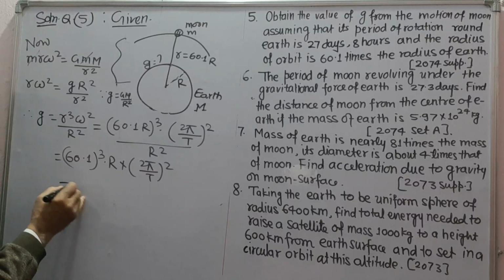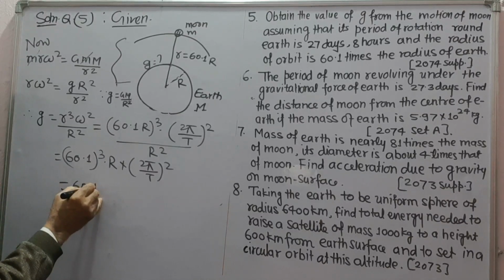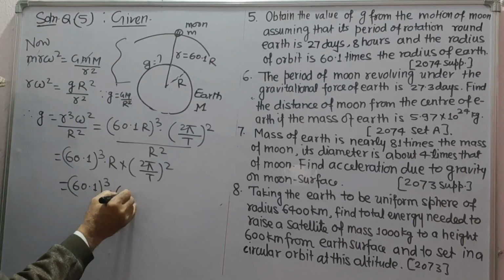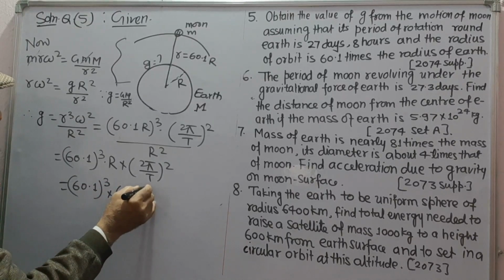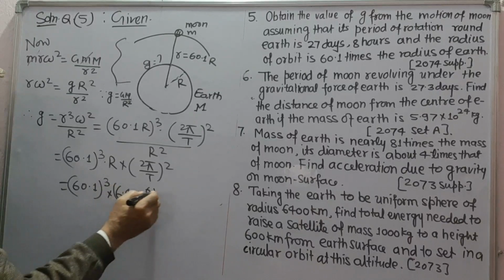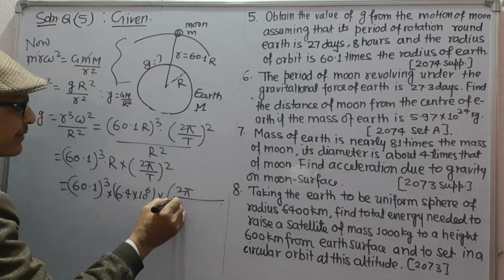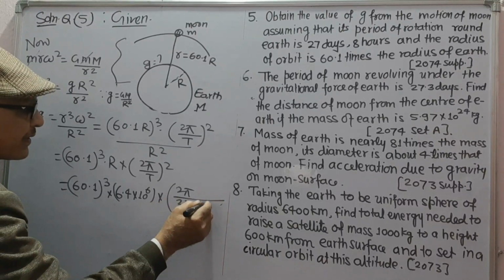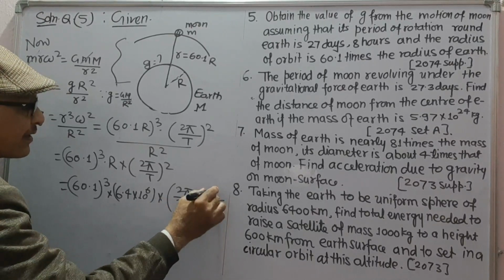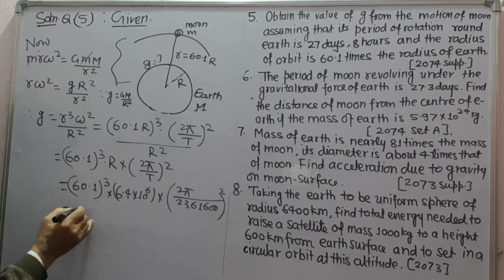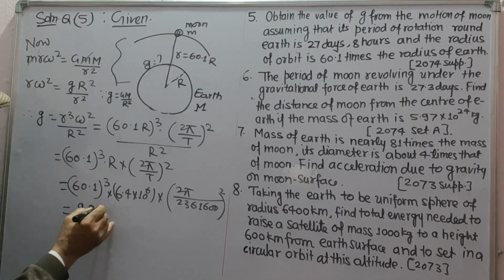This gives 60.1 cube into 6.4 into 10 to power 6, which is radius of earth, into 2 pi divided by 2361,600, which is the time period of moon, its square. On simplification, it gives 9.83 meter per second square.